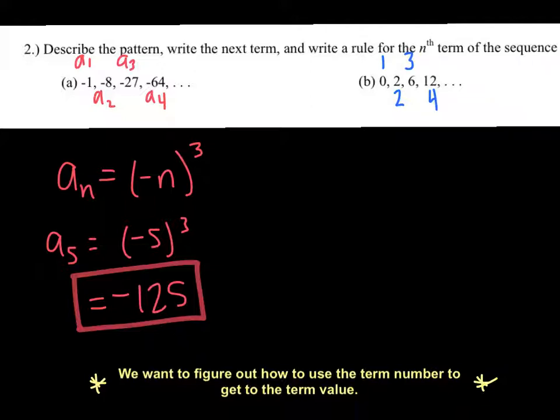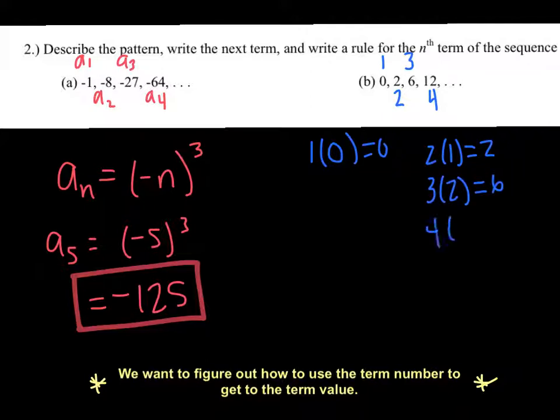So in your head, you might be thinking that you understand that 1 times 0 is 0, or that 2 times 1 is 2. You might know that 3 times 2 is 6, and 4 times 3 is 12. So we're really looking at the term values and figuring out how we got to 0, 2, 6, and 12.